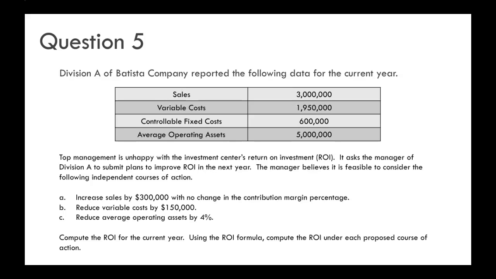And C says reduce average operating assets by 4%. So what we need to do is first compute the ROI for the current year before doing any of those independent courses of action. Then, using the ROI formula, we need to figure out the ROI under each of those courses of action to figure out which one is the best.